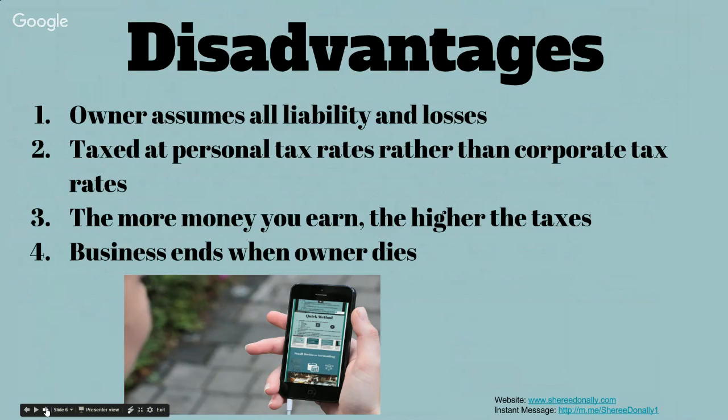Okay, did you hear that? The more money you earn, the higher the percentage of taxes you pay. And the business ends when the owner dies. There's no continuity of the business. Now the owner can shut it down earlier, but there's no continuity. If the owner dies, then the business is closed and finished.